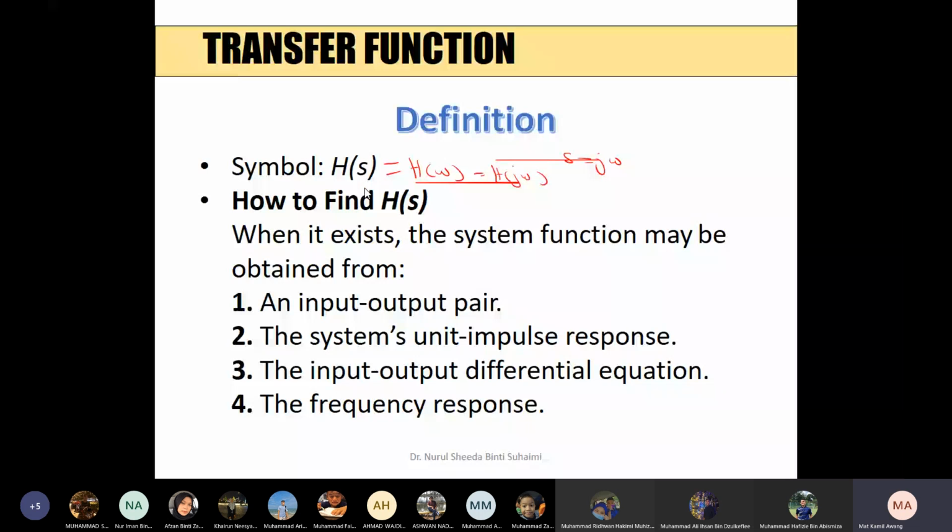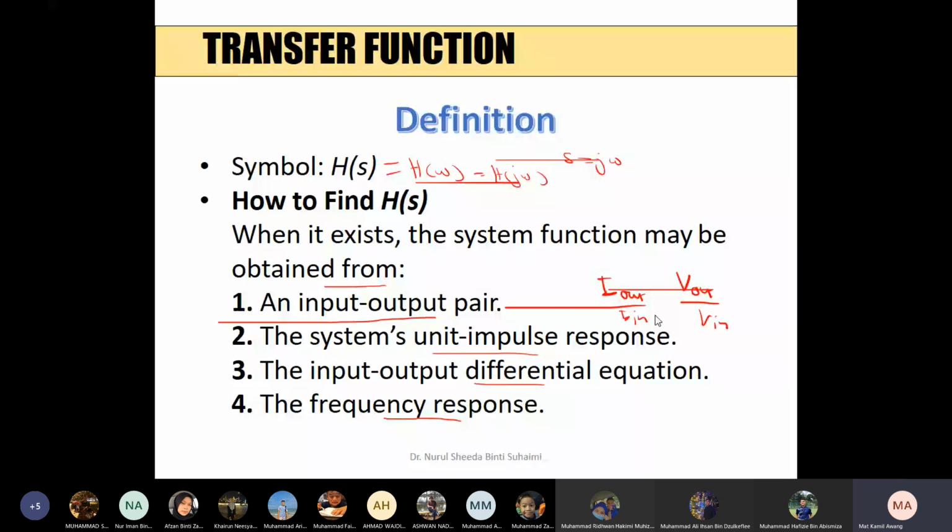When it exists, the system function may be obtained from the first one, the input-output pair, and the system's unit impulse response, or the input-output differential equation, or the frequency response of the system. The input-output pair can be V out over V in, or I out over I in. So this is the input and output pair.